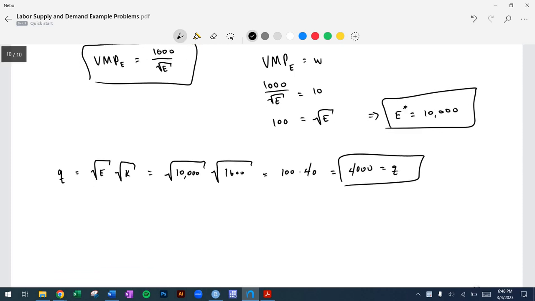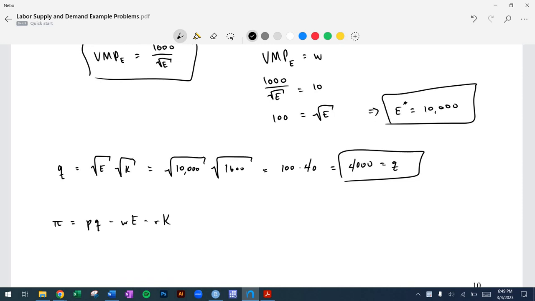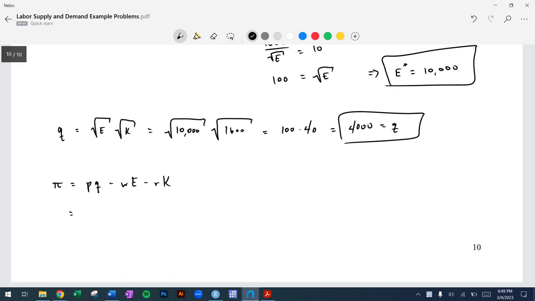And finally, we can calculate profits. Total revenue minus labor cost minus capital cost. And we have all of those. We can simply plug in our numbers. So the output price was $50 times 4,000 units.